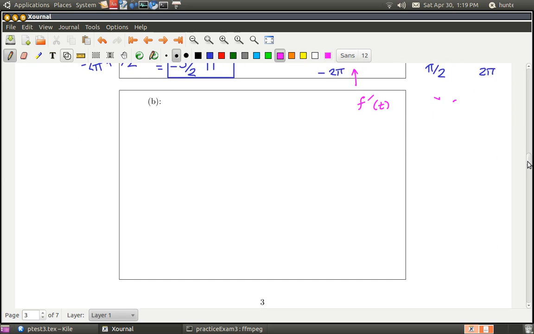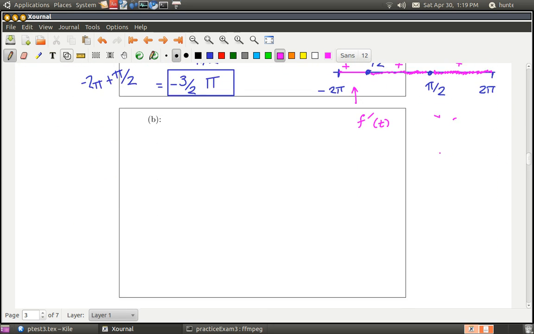Okay, so I need some space to write the answer down. I'm going to write it right here. Okay, so the answer to part A here is that f of t is increasing everywhere.